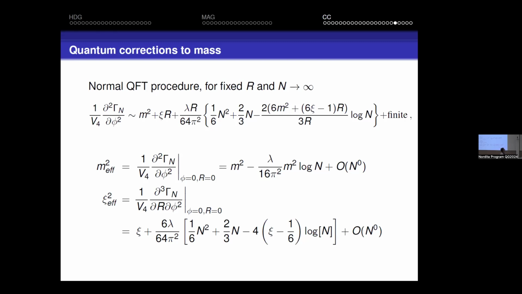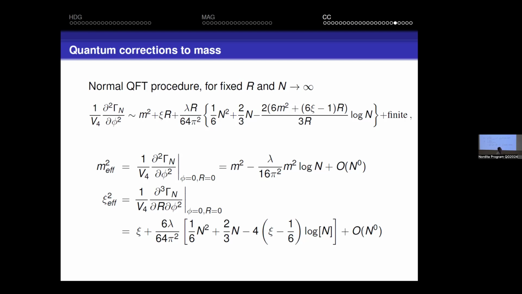So this will give you the classical terms plus something that comes from the quantum corrections. And the surprising thing is that the quantum corrections are finite. You have to do some calculation with some special functions. You find a finite result, and that doesn't tell you very much, of course.